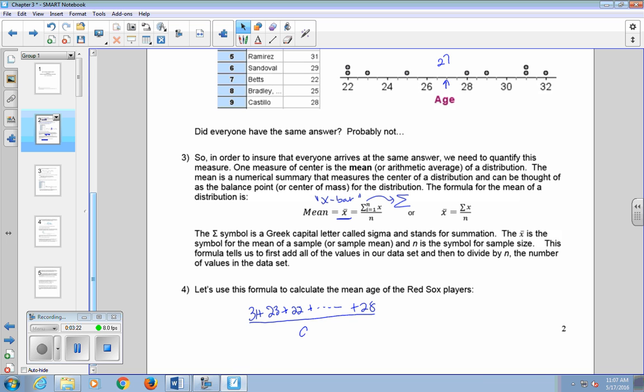There's a total of 9 ages we're looking at, and this total would be 243 over 9, which gives us the mean of 27. So our sample mean, which we'd call X bar, is equal to 27.